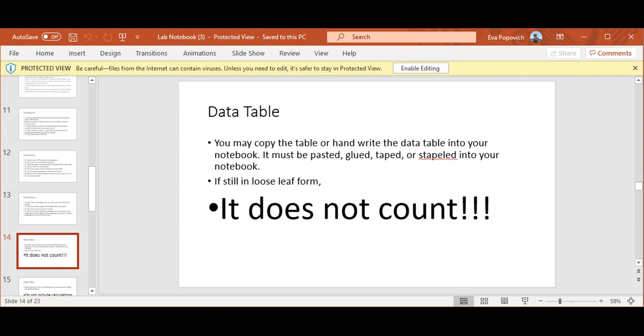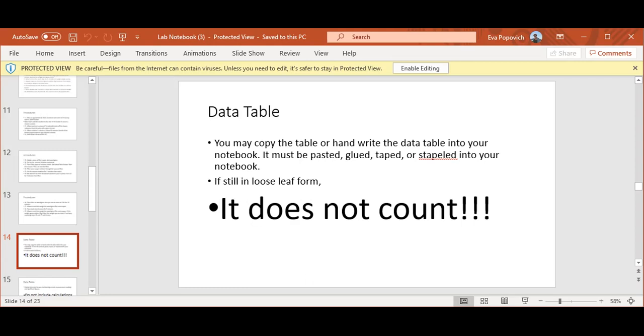I say that because we do allow you to print out the lab, look at the data table that's in your lab, and use that so you don't have to handwrite everything into your notebook. You're able to do that. You can handwrite everything if you so desire. But the point is, it has to be in the notebook.